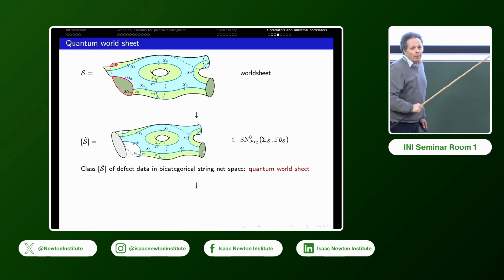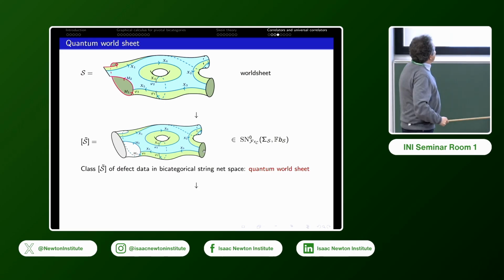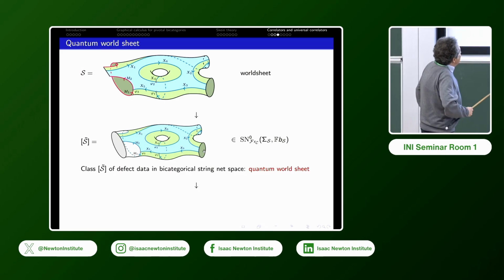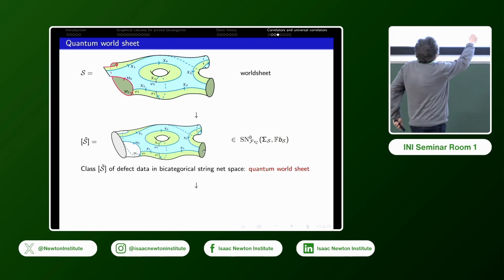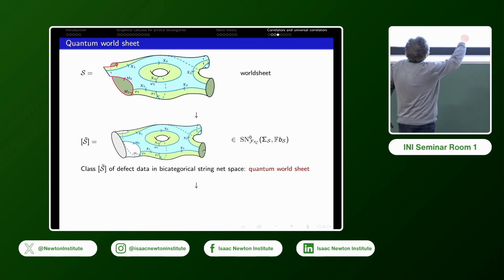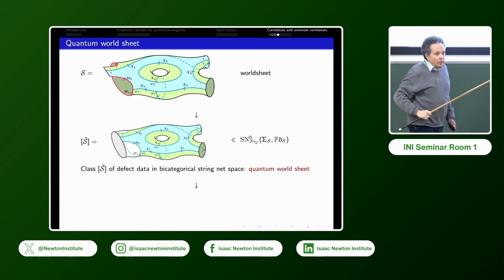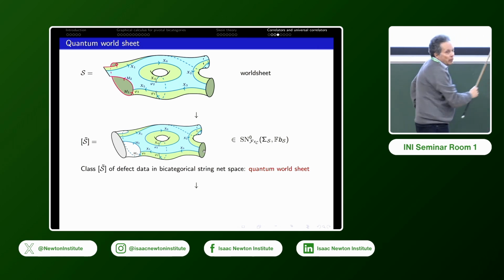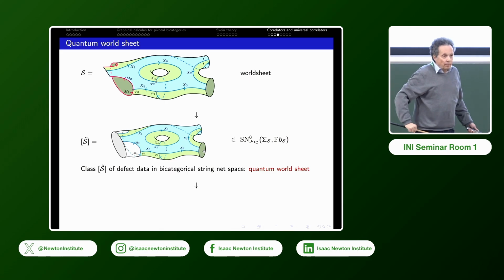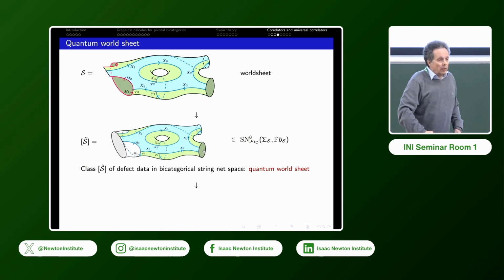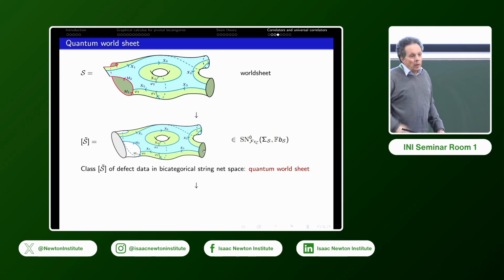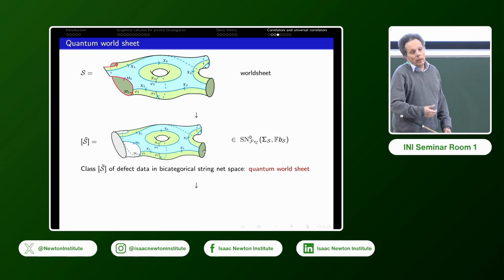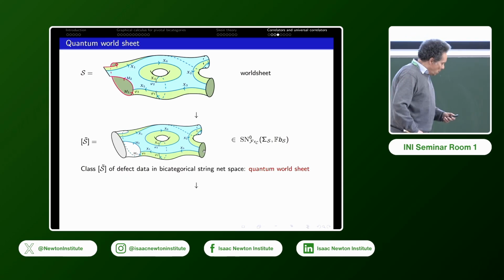I will actually explain why we do this. And you see that if you change a defect line a bit, this is coming back to your question, Kostas, this will not change the vector in this vector space, because our graphical calculus is invariant under small homotopies and even under global homotopies.